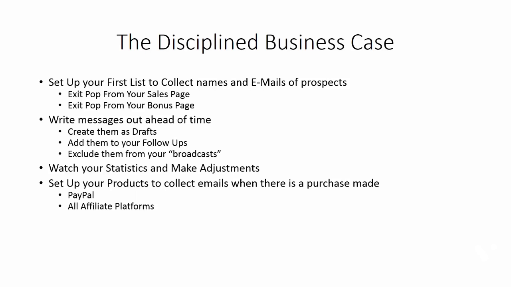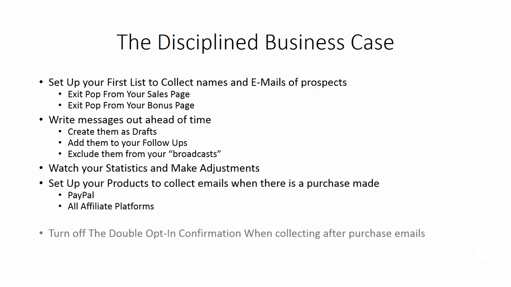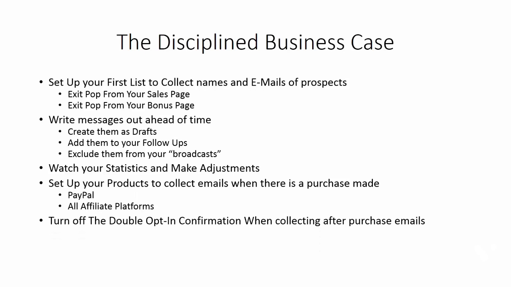The other thing you need to do, and I think I talked about this in the advanced course, is make sure you turn off double opt-in confirmation when you're collecting purchase emails. After purchase, there's no need for a double opt-in. Please do not think that you're being sneaky by doing that. People are not going to confirm if you try to confirm their email at that point.